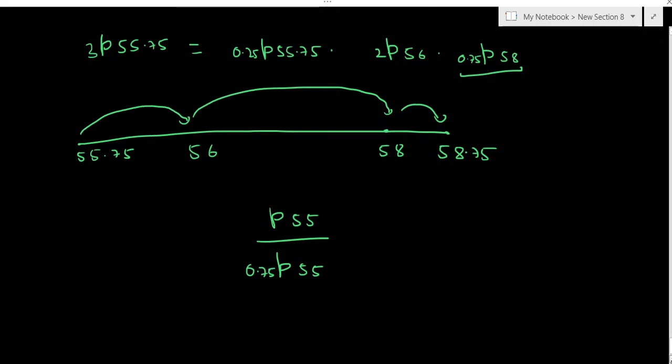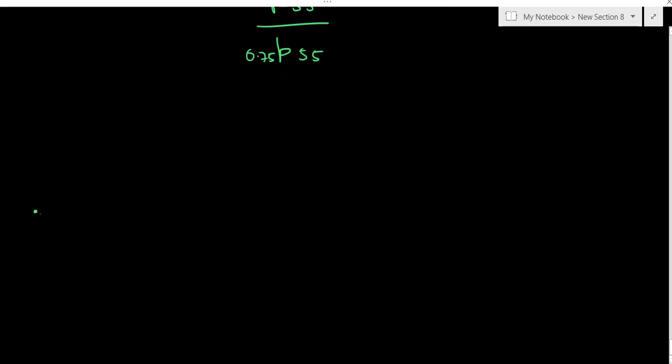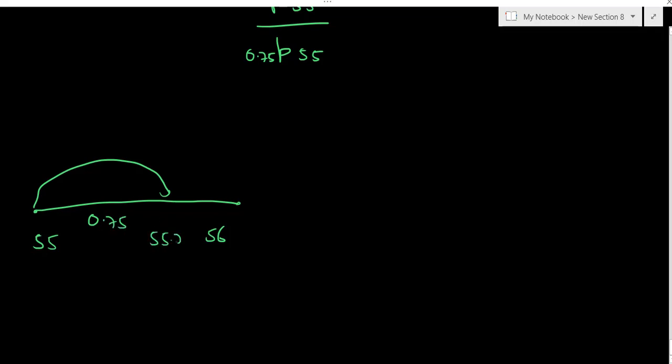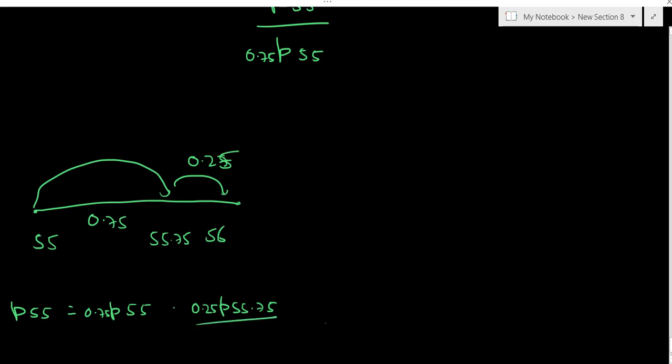I'm going to show that to you. If I talk about going from 55 to 56, I can divide it into two steps: taking a step of 0.75 from 55 to 55.75, then taking a step of 0.25 from 55.75 to 56. So I can say that p55 is equal to 0.75 p55 times 0.25 p55.75, and I had this term in that question.